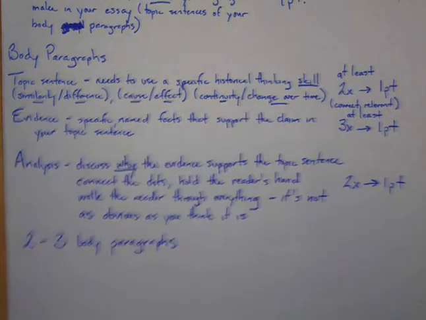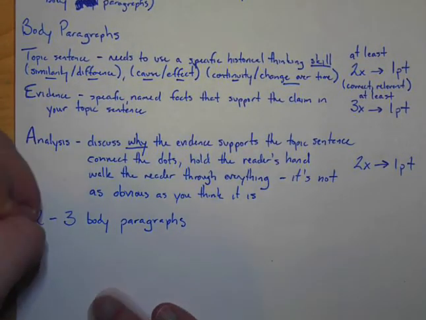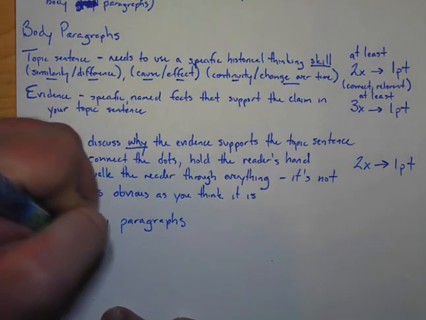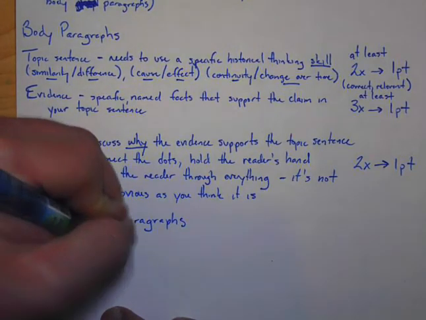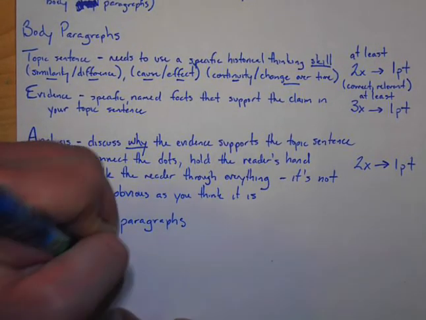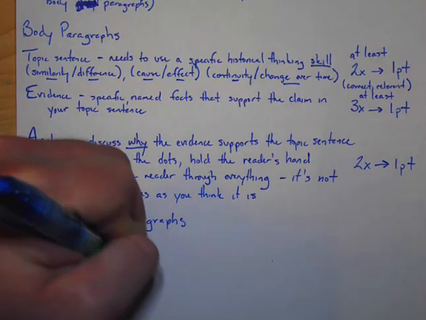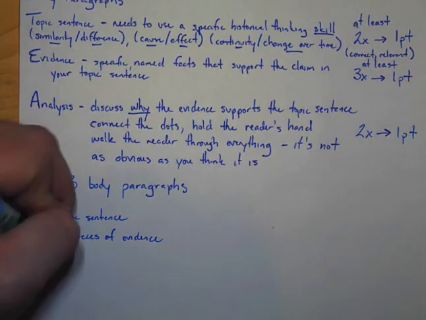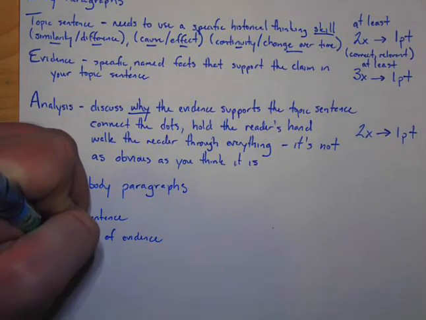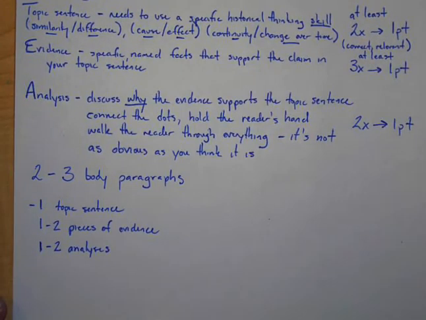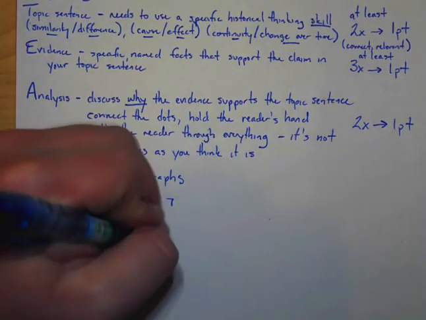So the way that would break down is you would write 1 topic sentence, 1 to 2 pieces of evidence, 1 to 2 analyses. That's 1 body paragraph.